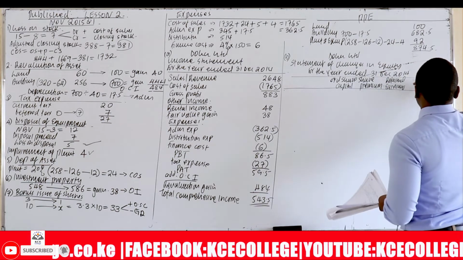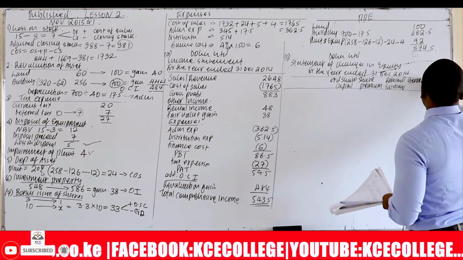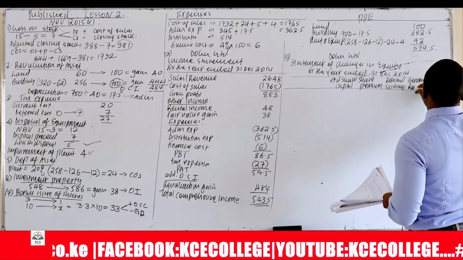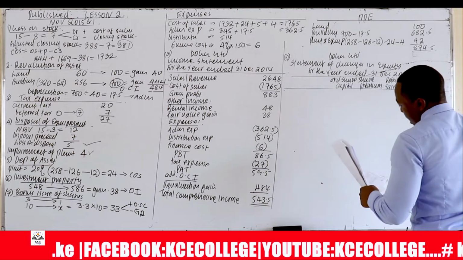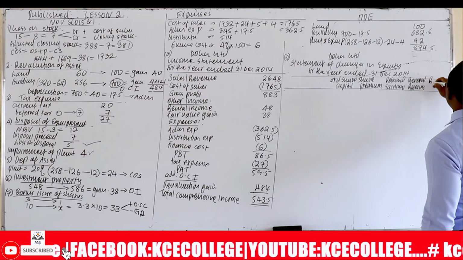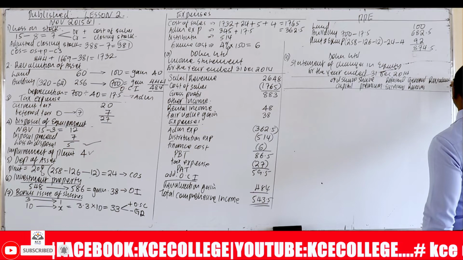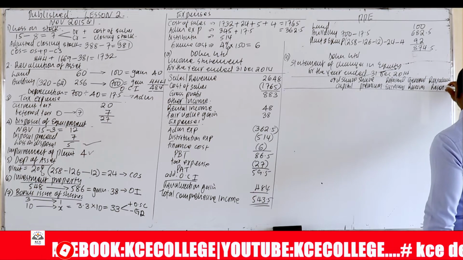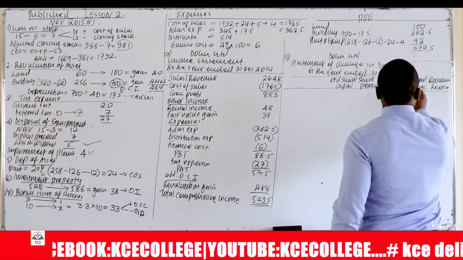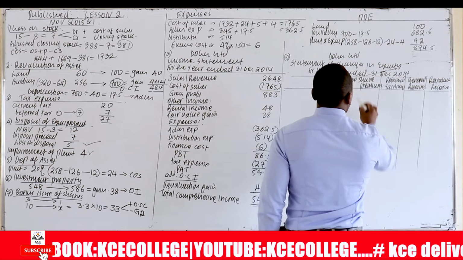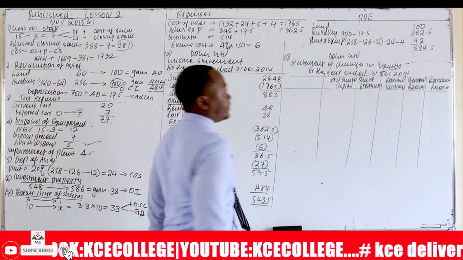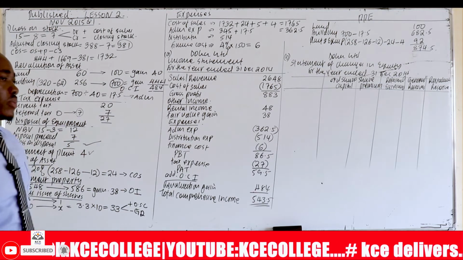Also, we have general reserves. And also there was revaluation reserves. Those are the elements of equity we have.